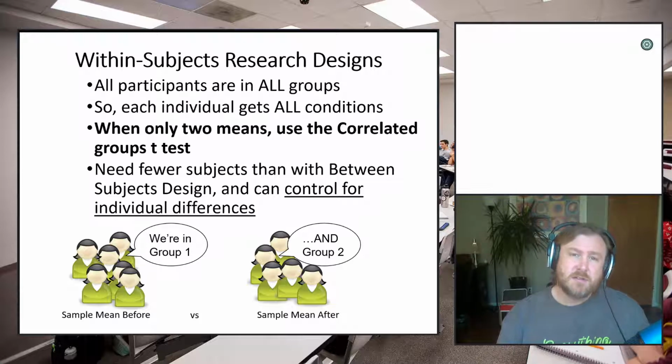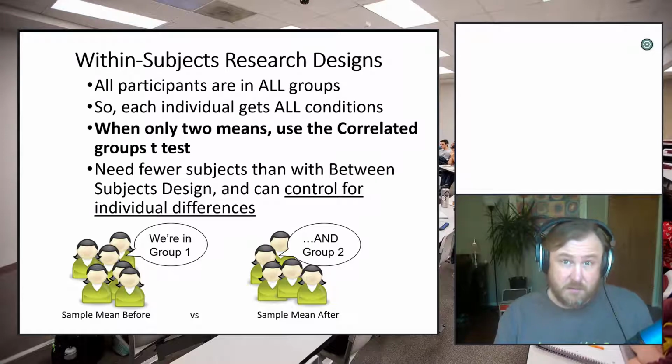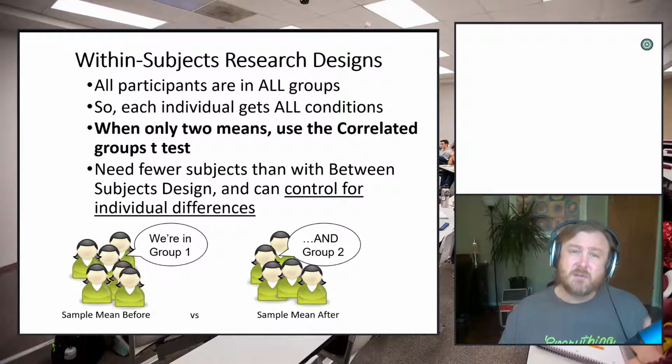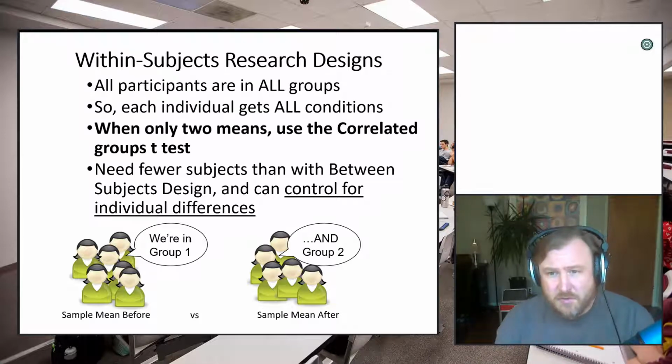In other words, we're taking repeated measurements of people over time, right? So a within subjects design is also frequently referred to as a repeated measures design. But basically all this means is we're taking multiple measurements within the same people. So all individuals get all conditions for a within subjects or repeated measures design.